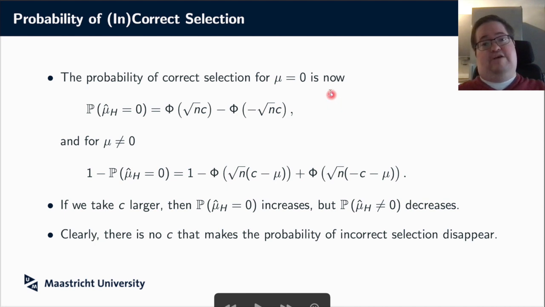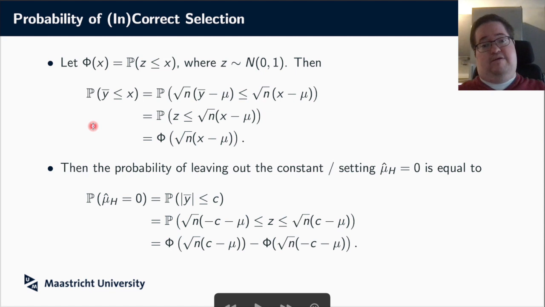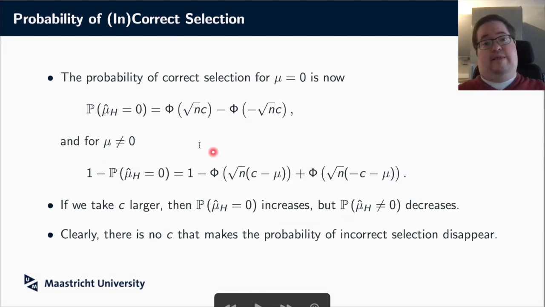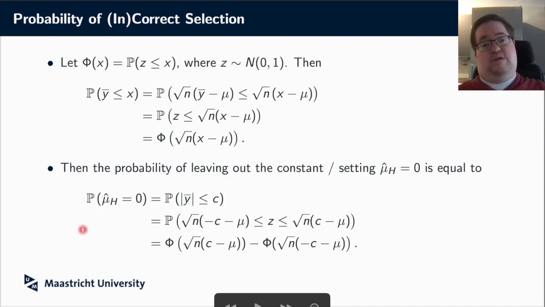So for correct selection when mu is 0, we want that we set the estimator equal to 0 with probability converging to 1. Well, what is this probability going to be? We go back one slide, and we plug in mu equal to 0 here. And for mu not equal to 0, we want the opposite: the probability of setting it not equal to 0, which is just 1 minus the probability here on the bottom half.